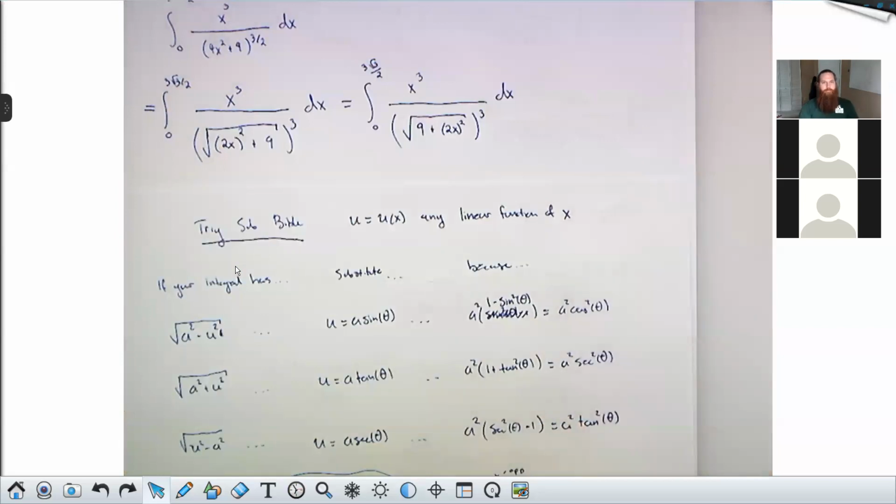Do we see it? Here's a squared, here's u squared. So that is a square root of a squared plus u squared. It's just a little bit disguised. So your algebra skills need to be on point.